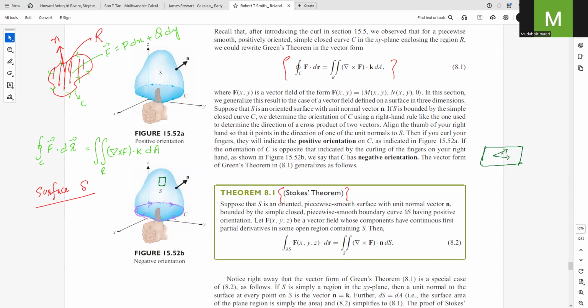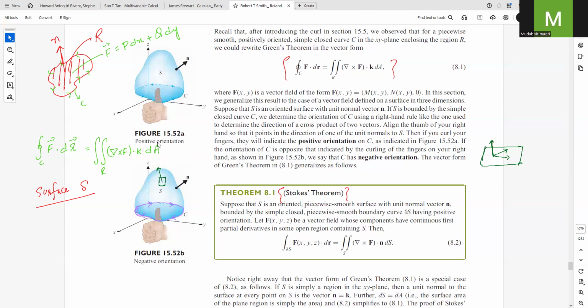So if we have two vectors on this plane and we take the cross product to find the area, we get another vector, having a direction that is normal to both of these vectors. So that will be a normal vector to the surface. So this is the concept behind giving the orientation to the surfaces.